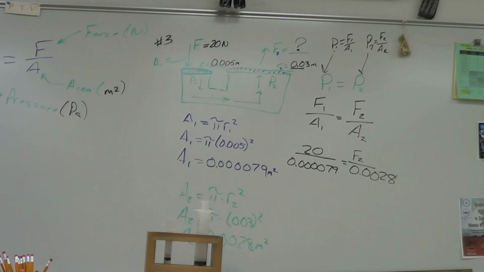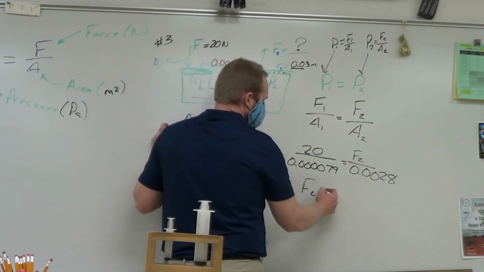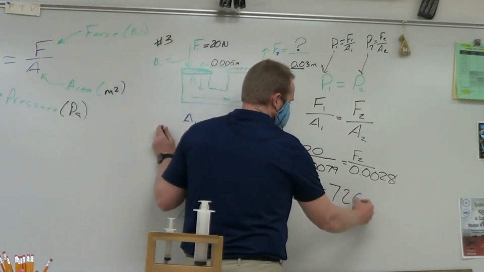So you're going to take 20 times 0.0028 equals 0.000079 F2, divide by 0.000079, and we should get a value of F2 to be 720.